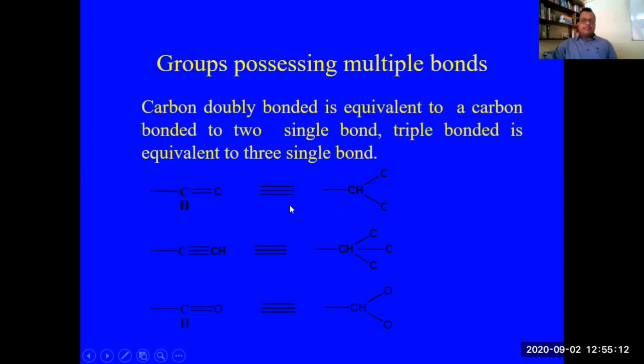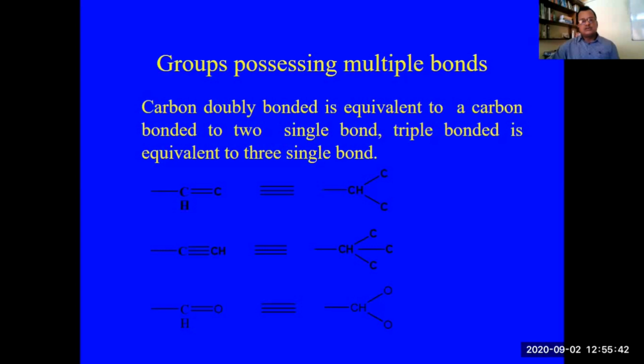Then another thing, while you determine priority, you have to consider a double bond as 2 single bonds, a triple bond as 3 single bonds, etc. So this is another rule. So the summary of the rules is that you assign priority on the basis of higher atomic number. If rule 1 fails, then you assign priority on the basis of higher atomic number of the second atom.